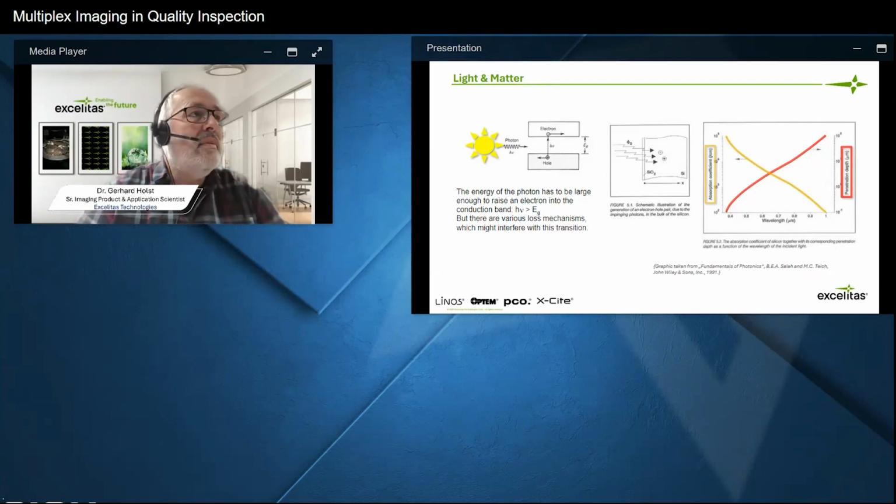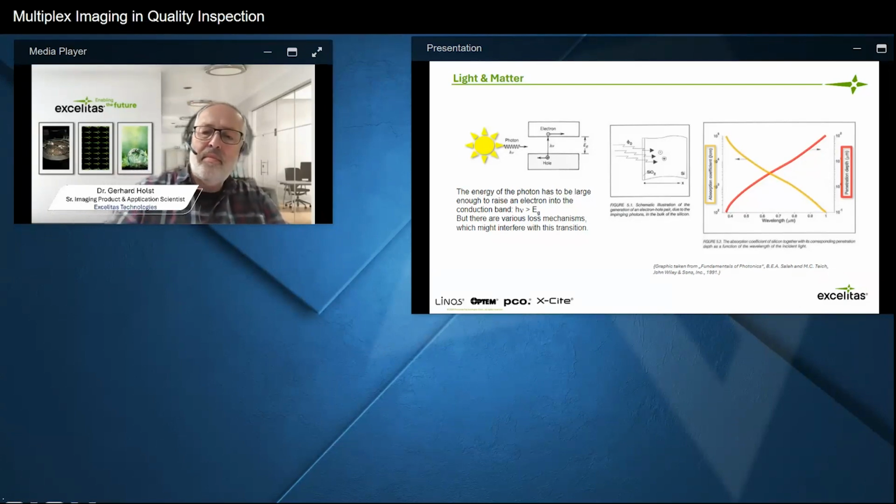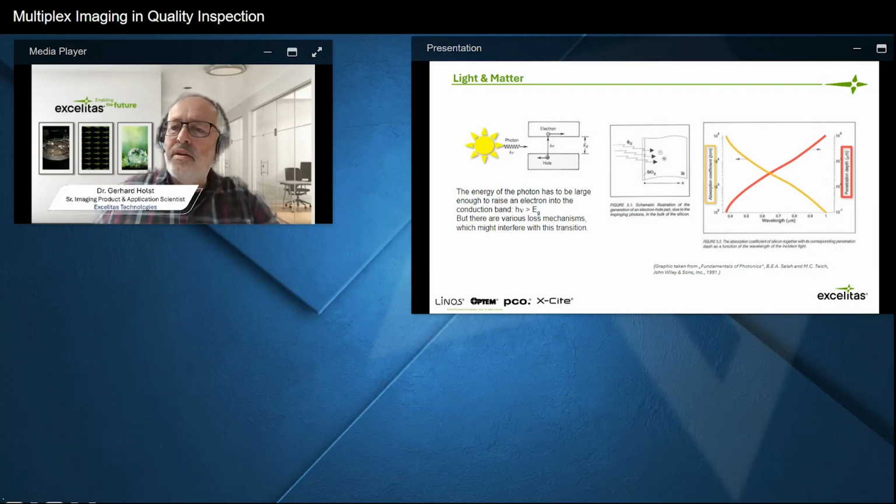Therefore, the relevant sites that collect the charge carriers generated by this radiation have to be near the surface. If you are looking more into near infrared, then the penetration depth is larger and the absorption coefficient is smaller, and therefore you might want to place these volumes where the charges are collected deeper in the silicon. And here you see the proper penetration depth.